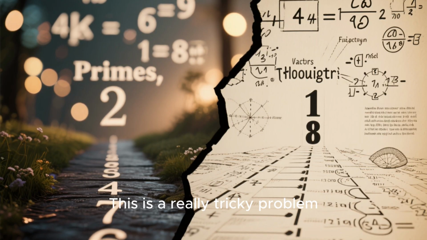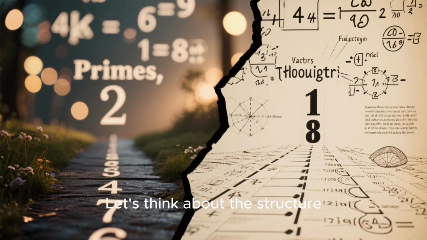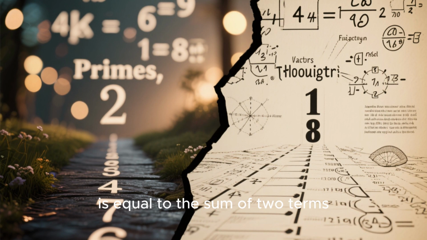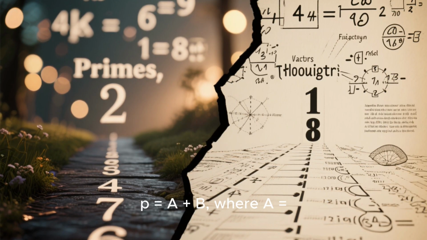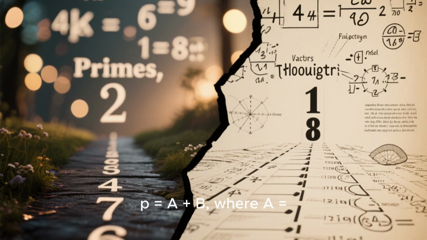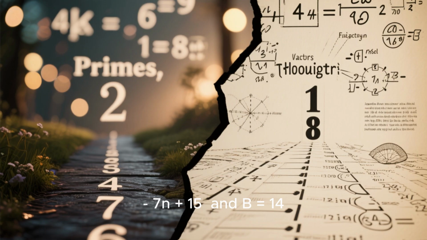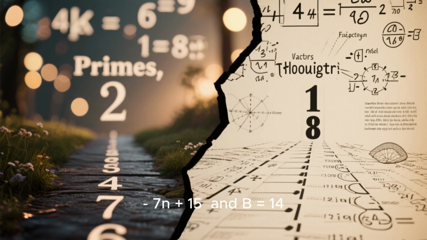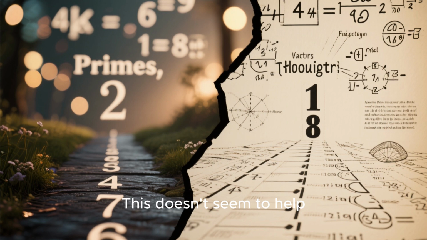This is a really tricky problem. Let's think about the structure. A prime number p is equal to the sum of two terms. p equals a plus b, where a equals (n minus 7)(n squared minus 7n plus 15) and b equals 14. This doesn't seem to help.